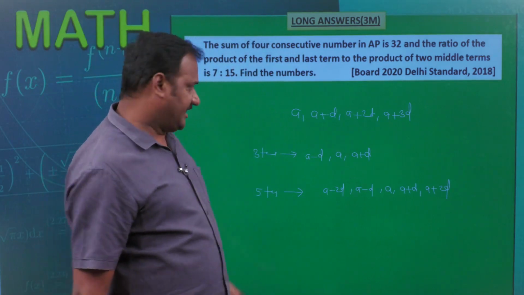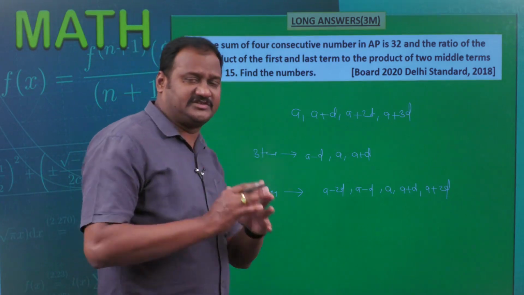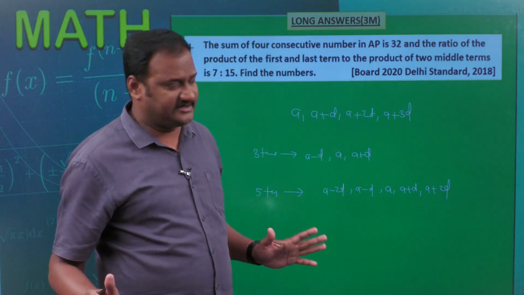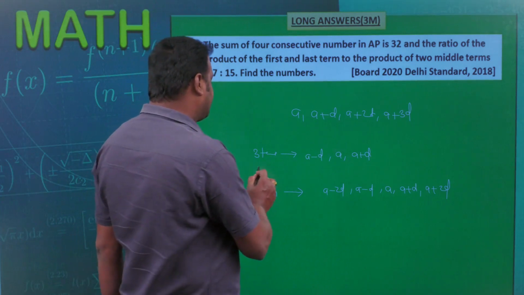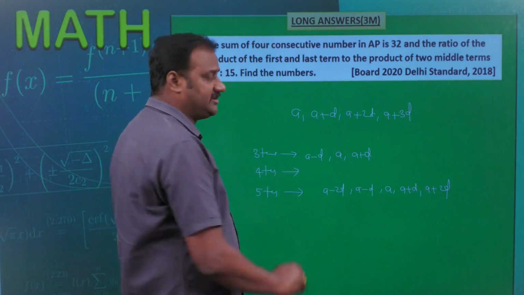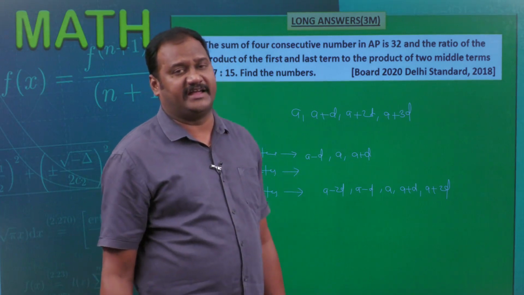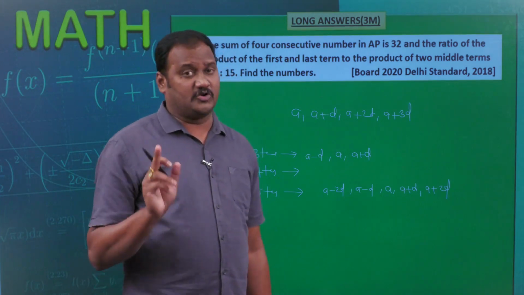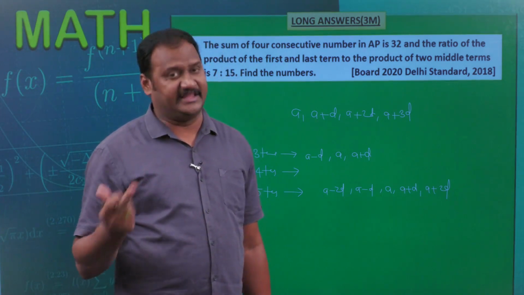Did you get my point? Either 3 terms or 5 terms or 7 terms, the result remains the same. Suppose you are asked to select 4 terms of an arithmetic progression, then please do not go by common difference D. Go by common difference 2D.